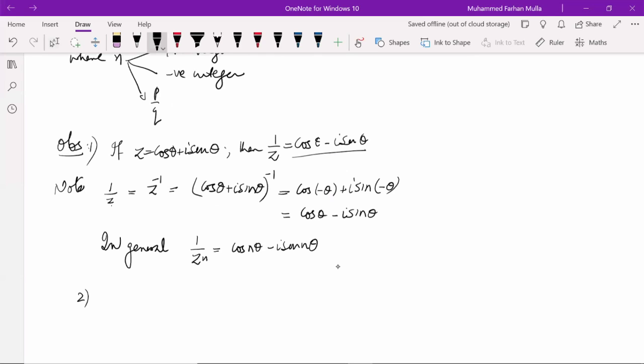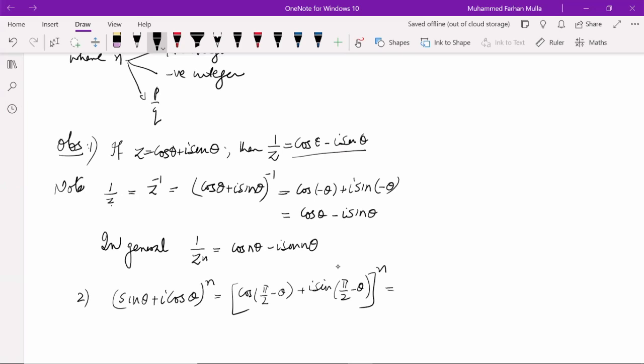So if we have sine theta plus i cos theta, say it has a power also n, then I can write this as cos of (90 minus theta) plus i sine of (90 minus theta), raised to the power of n.